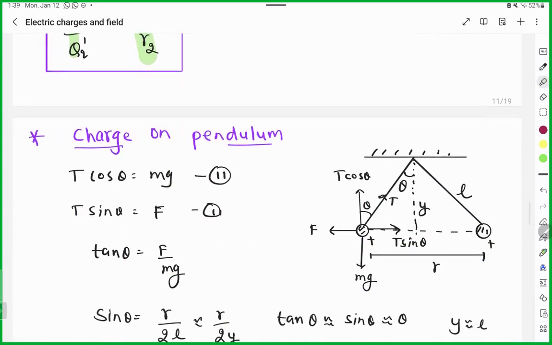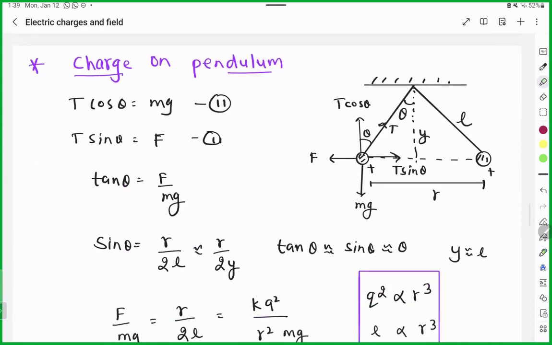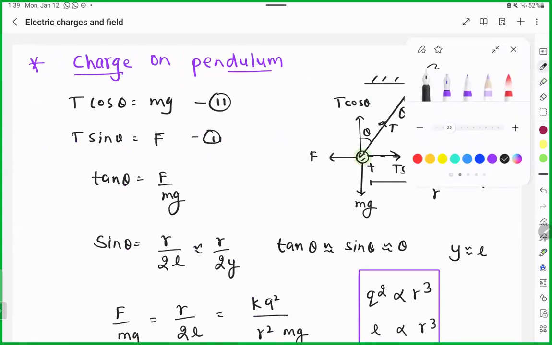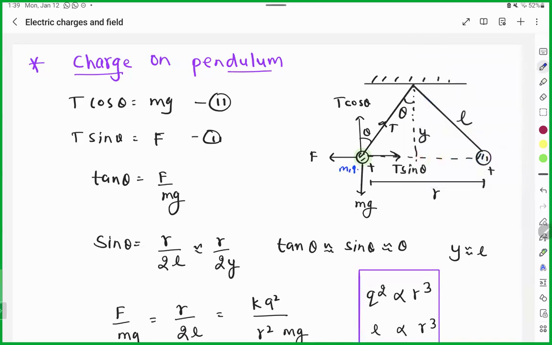Next, charge in case of a pendulum, we did this also. If you take any mass, this has mass m and charge q. So what will happen in this case? T cos theta, the upper part, will be equal to the lower part, mg.